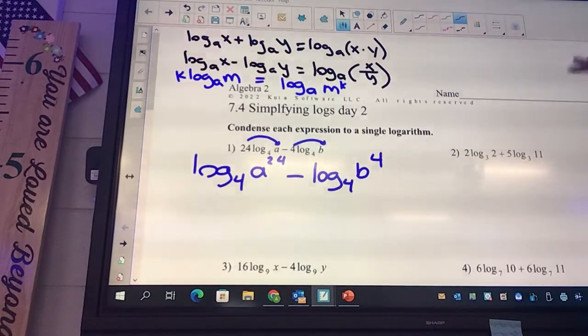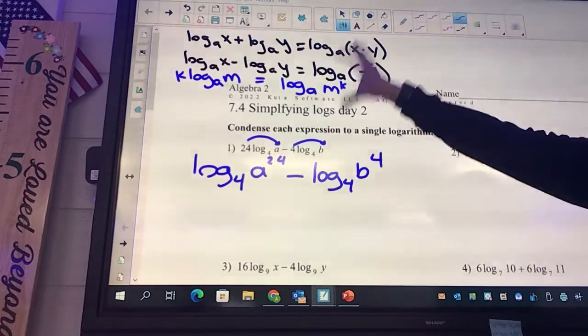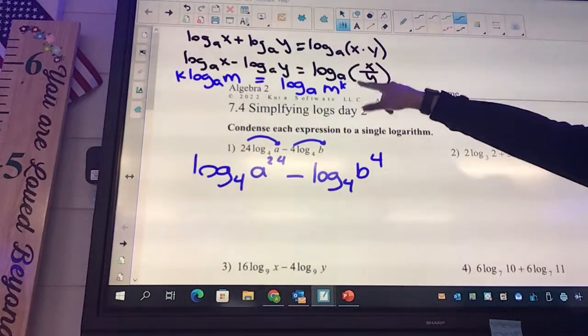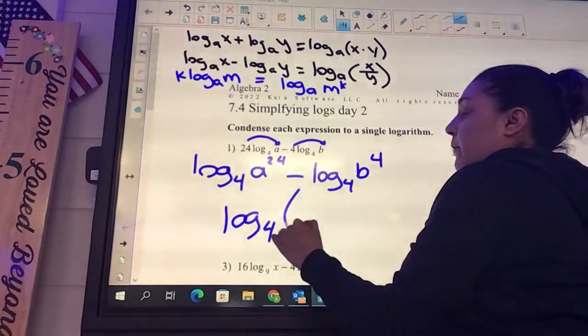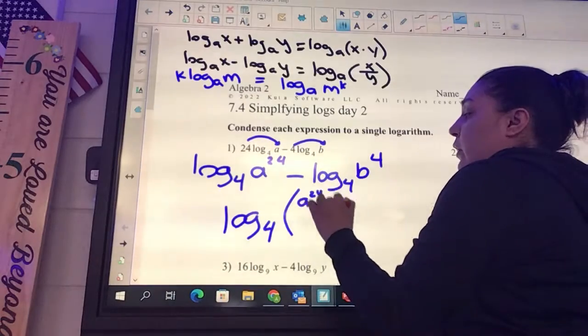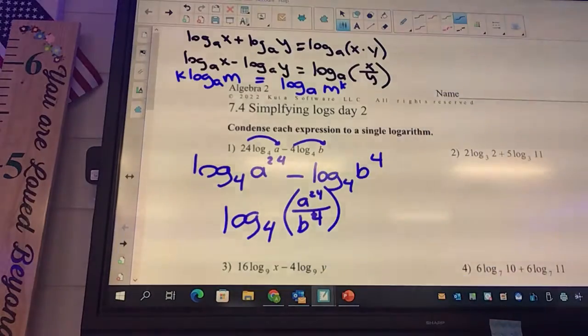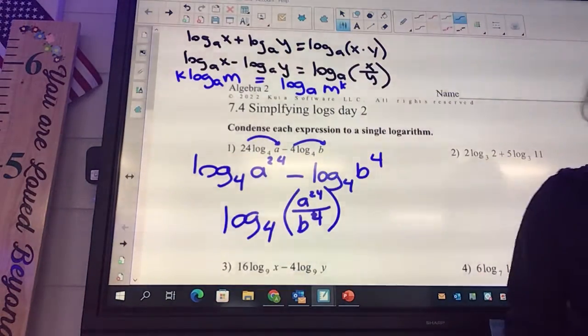And now we know that we did rule 3. Now we're going to do rule 2, because we got this minus sign. So it's going to say log of a to the 4 over b to the 4. You take whatever's here and whatever's here and you put them over each other.